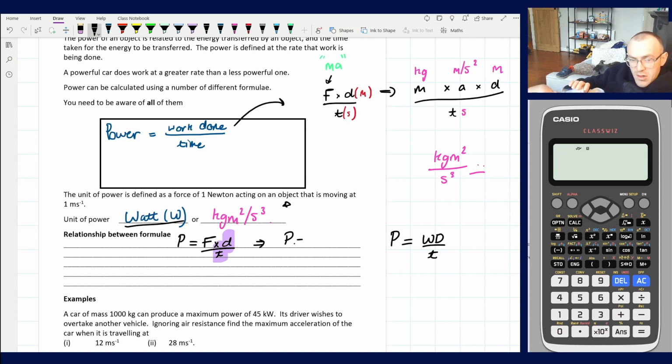Therefore, I should say displacement rather than distance, but it's fine. We've got a velocity here. And that is the second formula for power. Also a force times by a velocity. Amazing.